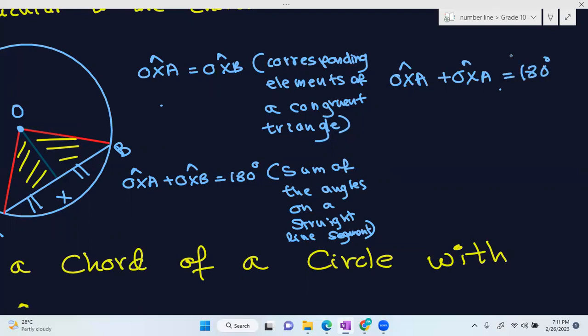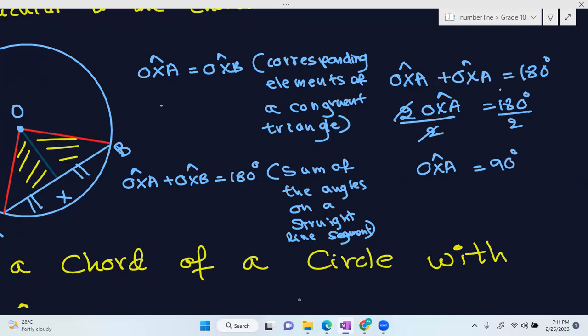Then 2 OXA equals 180. By dividing both sides by 2, the 2s cancel. Then angle OXA is equal to 90 degrees. Therefore, we can say OX is perpendicular to AB.